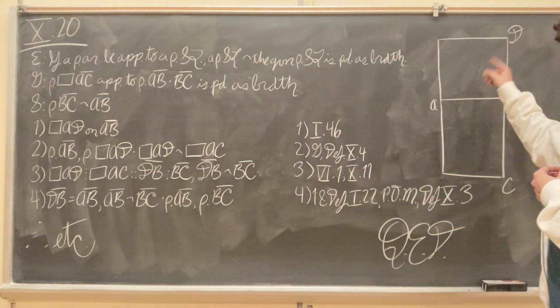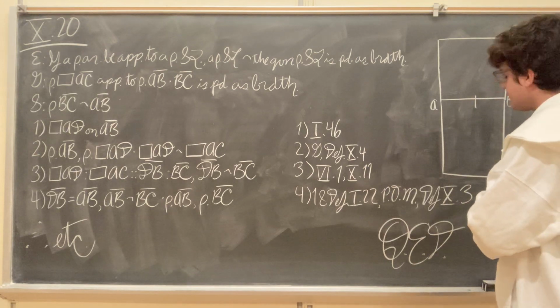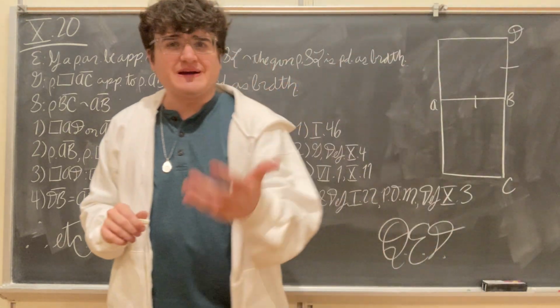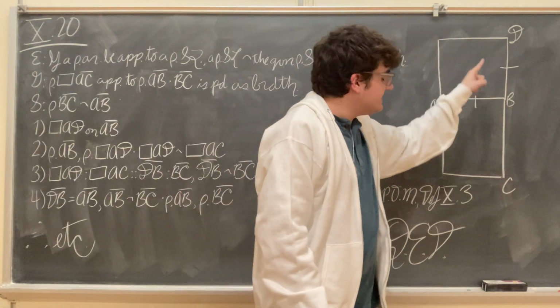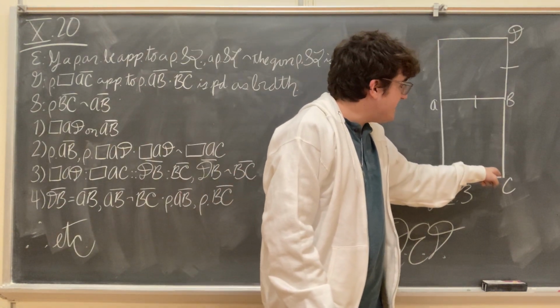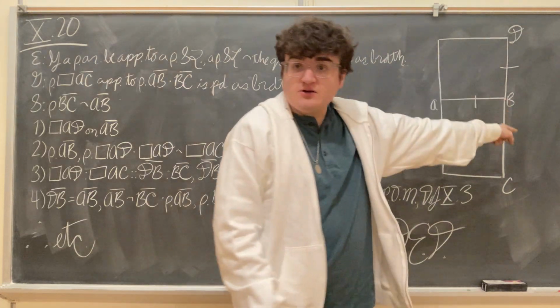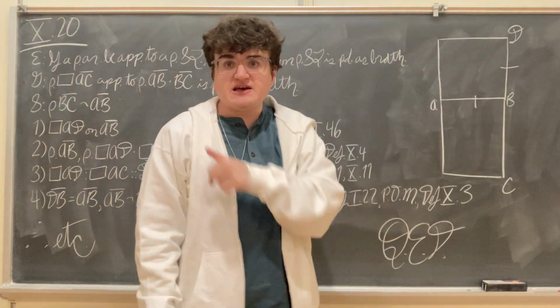But because AD is a square, we know that AB is equal to DB, just by definition of a square, definition 1.22.